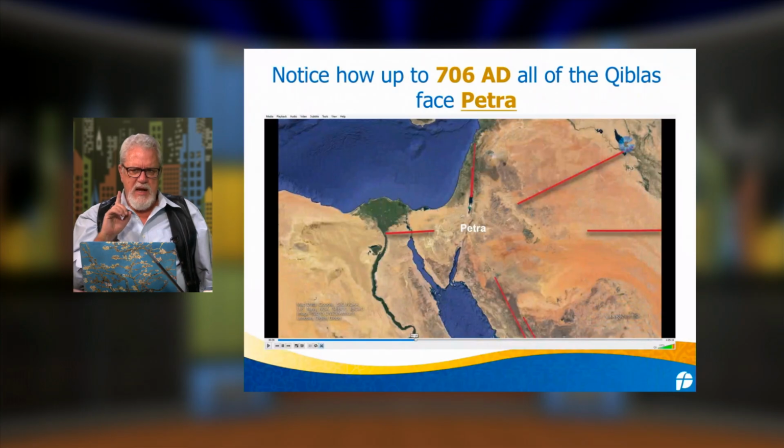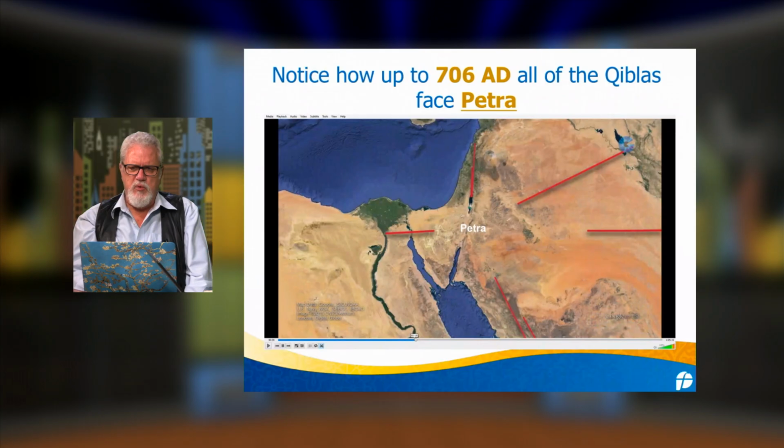Let's look at these slides. We only have a couple of mosques where we don't know where the Qibla is facing, but the rest are all facing Petra. Not one mosque is facing Mecca, and that's approximately 80 years after the death of Muhammad. Sorry, 80 years after the Qibla has been canonized.